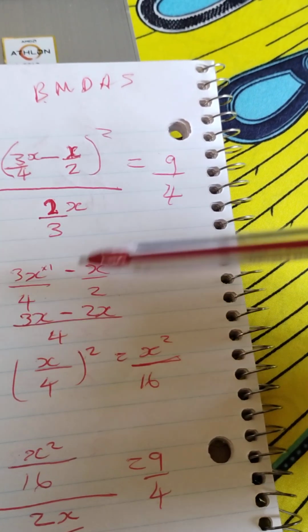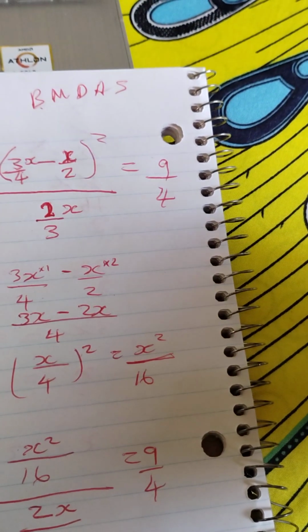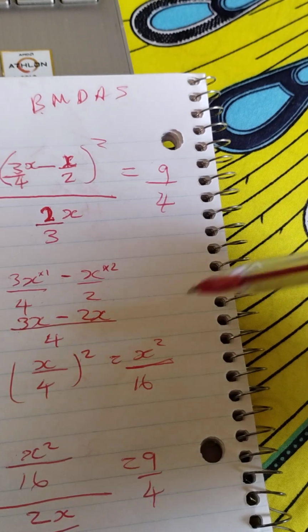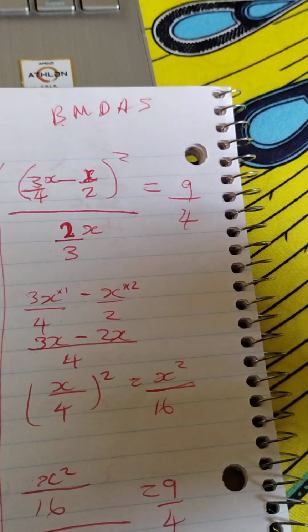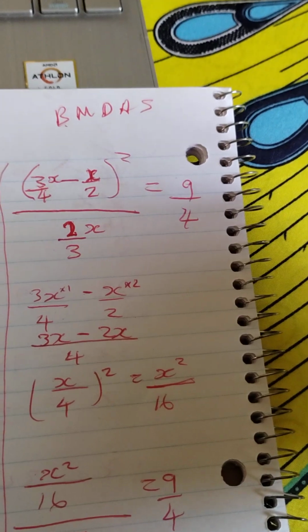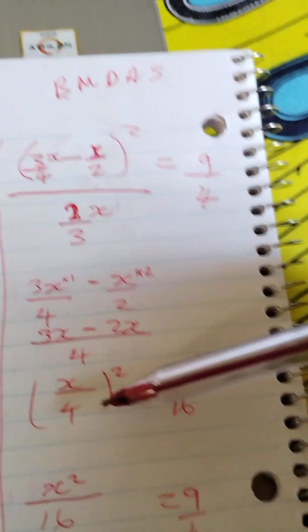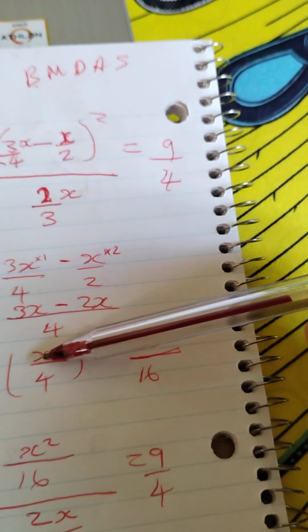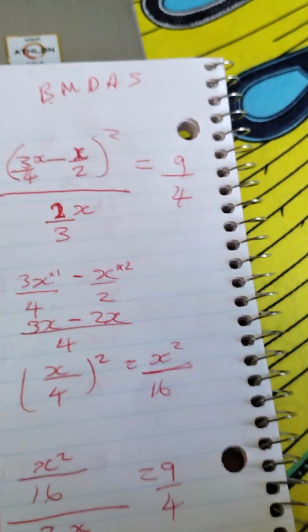Subtract 3x minus 2x, you get 1x, the same thing as x. That's the next thing I need to state: I don't have to write 1 in front of the x. It's already known that x has a coefficient of 1, even if you just have x minus 1. So when we work that out from the fraction, we get x over 4 and the whole bracket squared.